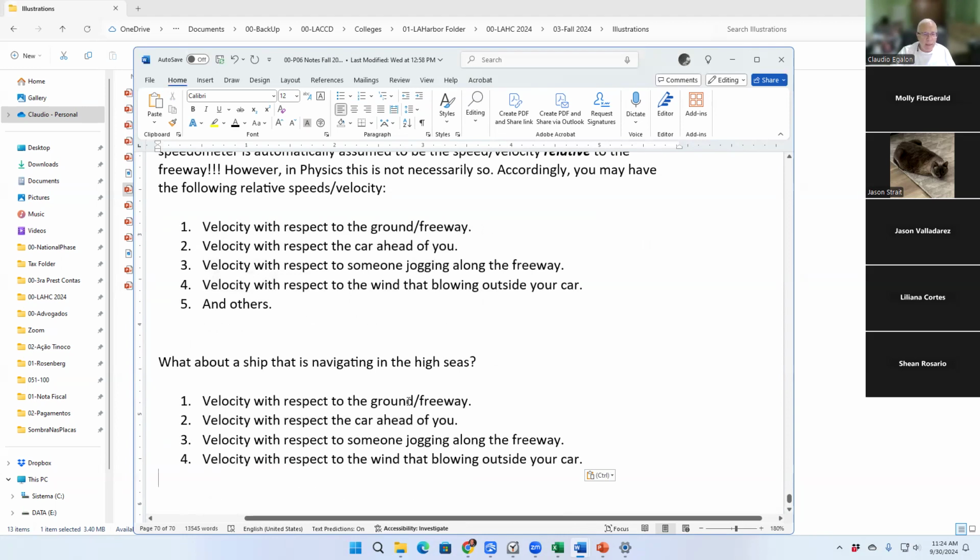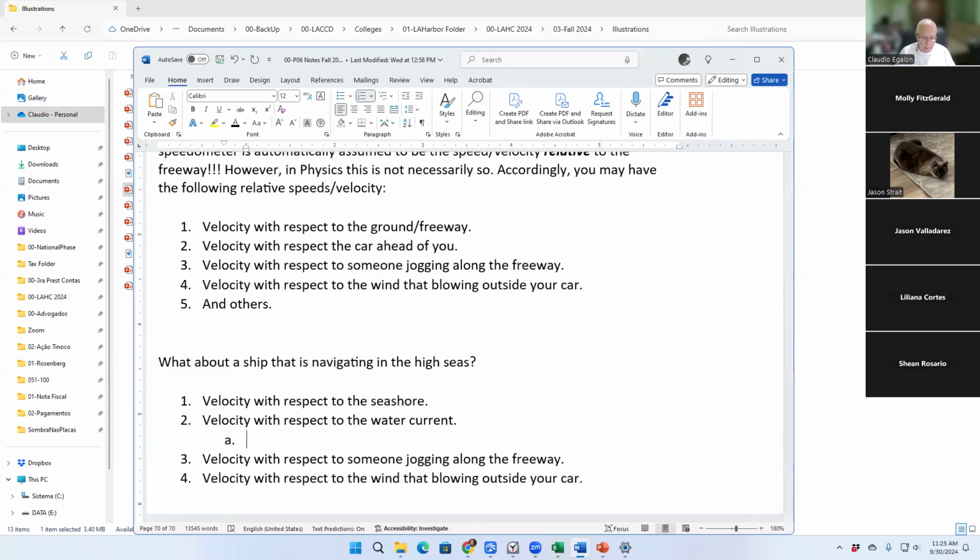Velocity with respect to the seashore, right? The velocity with respect to the water current, which, by the way, is going to affect your velocity with respect to the seashore.